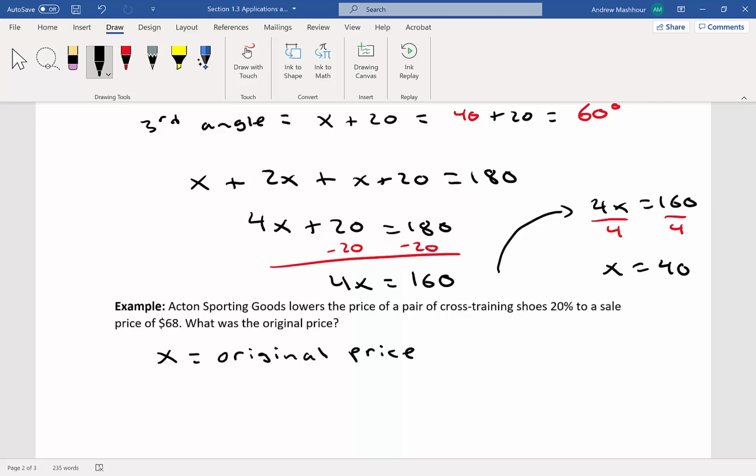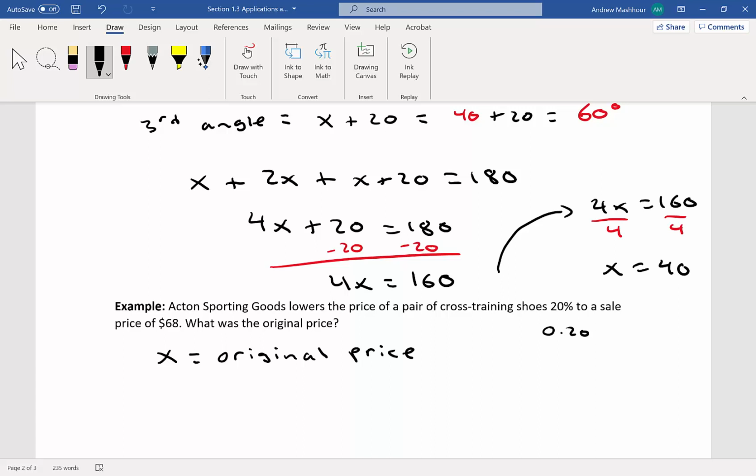So in order for us to figure out what 20% off of the original price is, you have to multiply x by 20%. But just be careful whenever you're multiplying or doing anything with decimals or with percentages, you have to change it into a decimal. So 20% as a decimal would be 0.20.